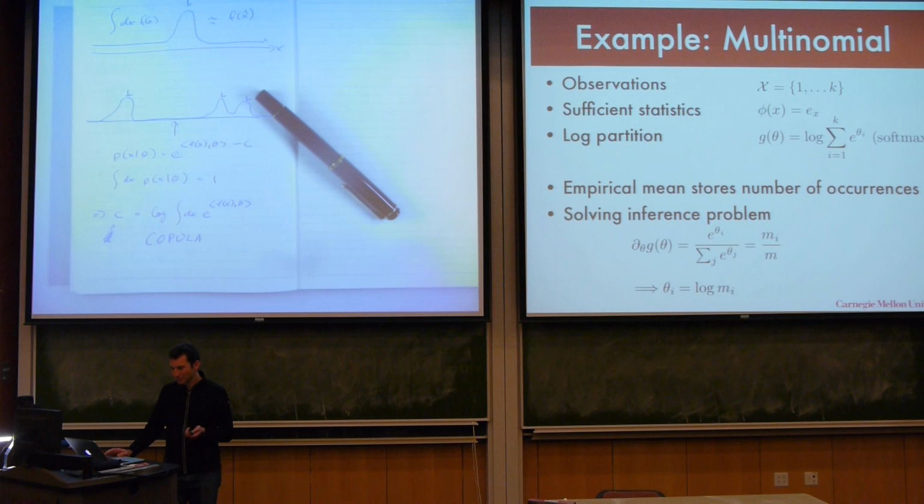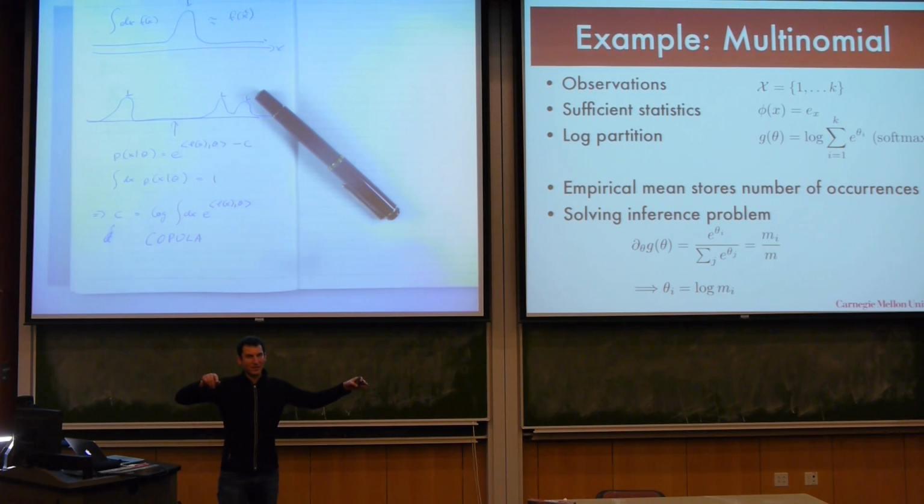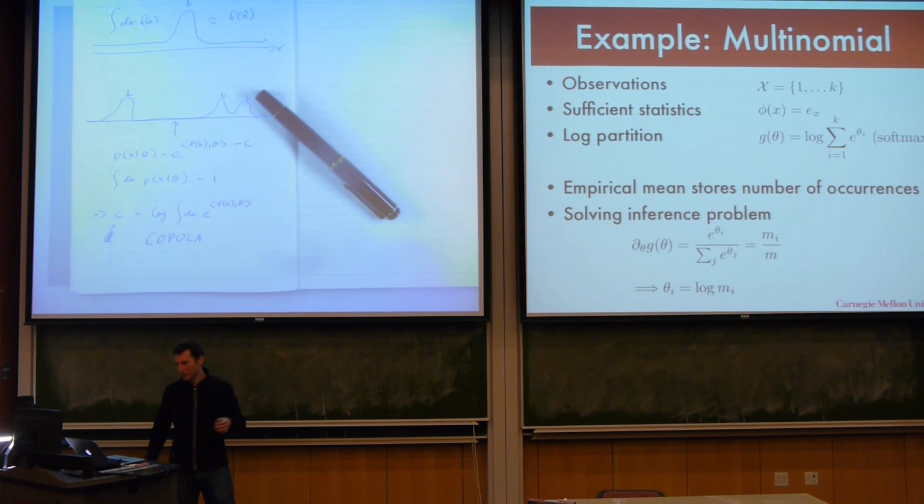Multinomial. So you have observations between 1 and k. The sufficient statistic is E sub x, so if I have k dimensions, then E sub x is the x unit vector in k-dimensional space. And so the inner product between theta and E sub x just picks out the x coordinate.